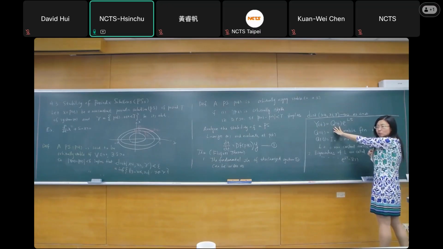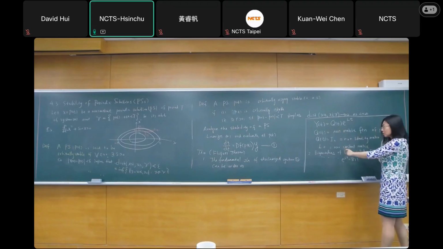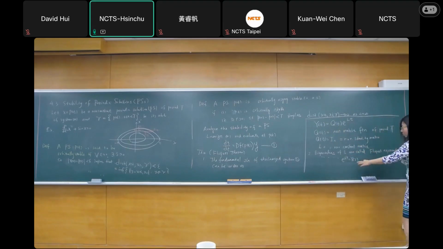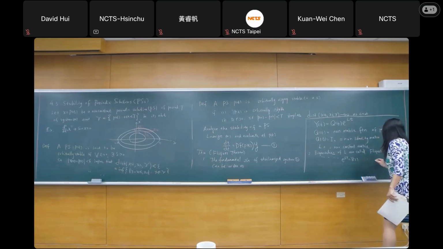This is a matrix function with period T, so Q(T) equals Q(0). What's Q(0)? Identity. So when you evaluate at one period, that's exactly e^{LT}. So far, so good? This is known as the Floquet multiplier.